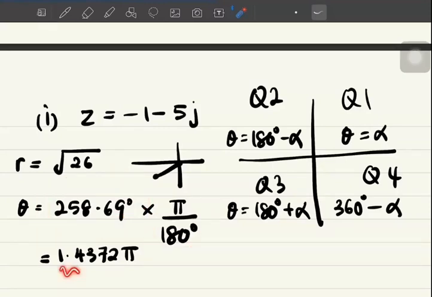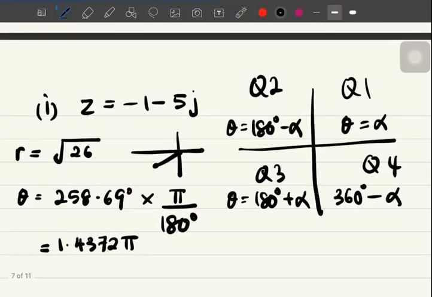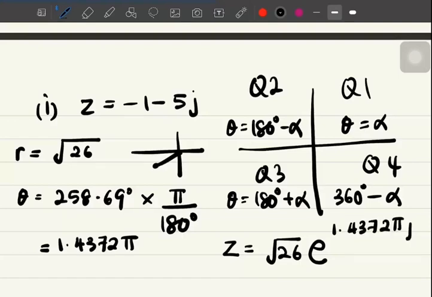So you akan dapat this value. So letak je pi ni sebab darab pi kan. Okay. So now you have your R and you have your theta, and your theta is already in radian. So therefore your Z is equals to square root 26 exponent 1.4372 pi J. This is the answer.